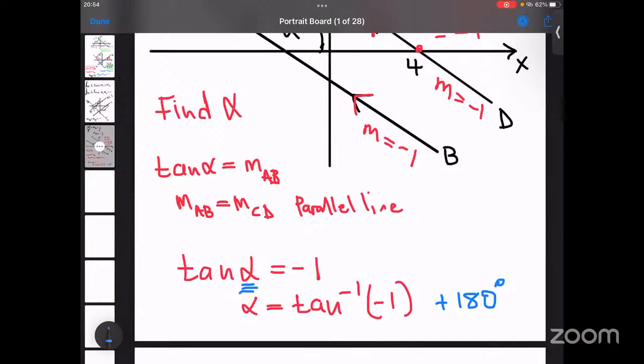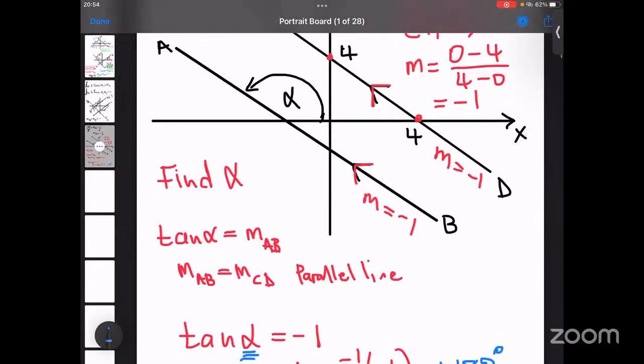The reason is that when you get a negative angle, it gives you this small angle, and that is not the angle of inclination. That's why you have to plus it by 180 degrees, because if you know what that angle is, to get the other one, you have to involve 180, because those are the angles on a straight line.